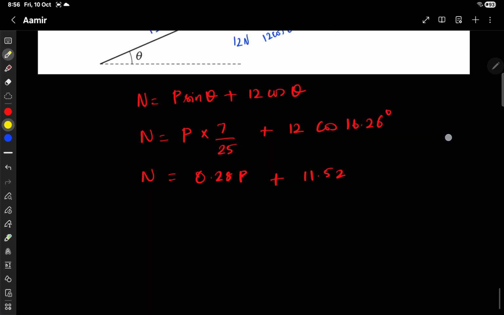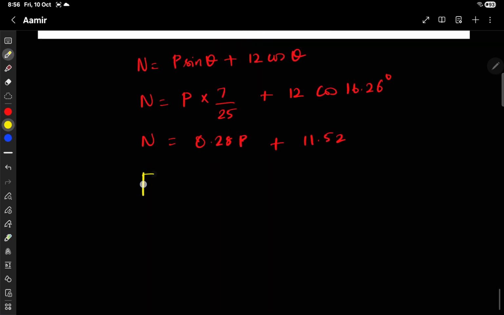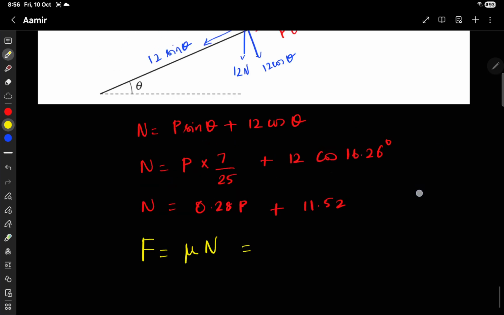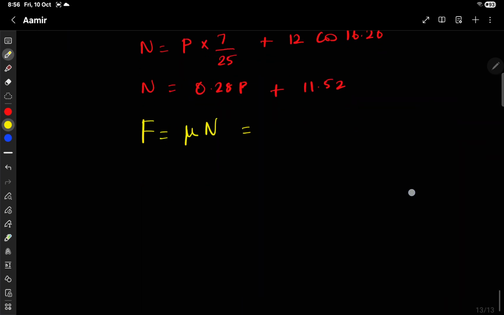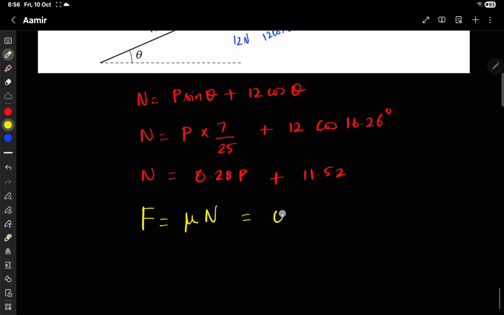Now if I want to find the friction, friction is basically mu times N. So mu is 0.15, and the N value we just got is 0.28P plus 11.52.